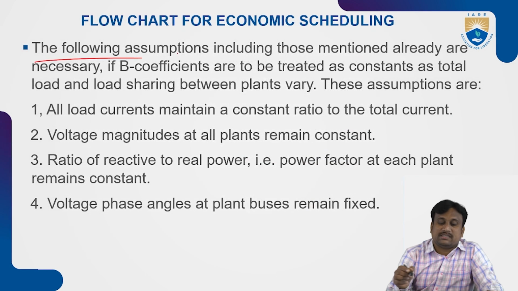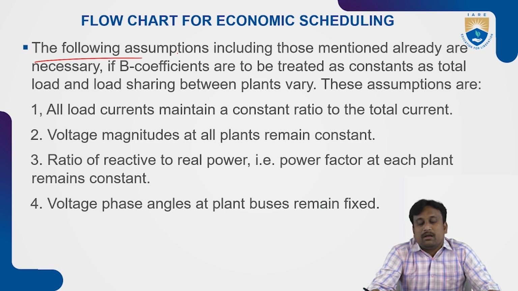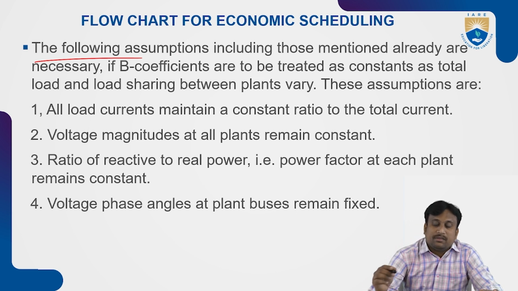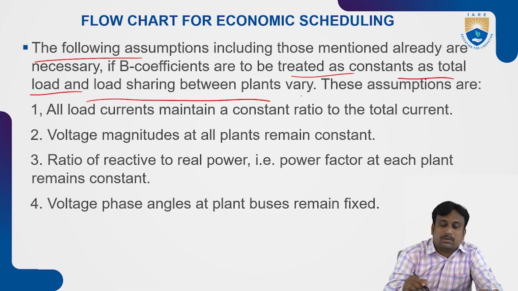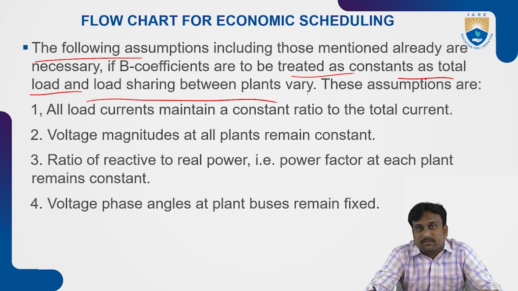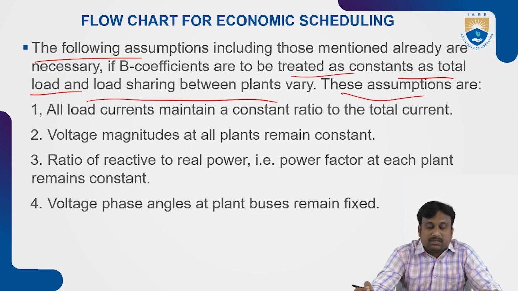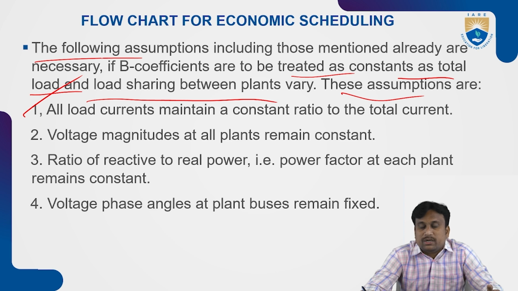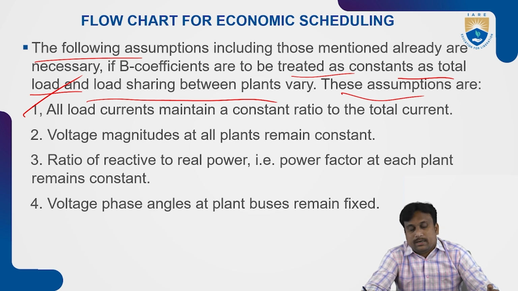Now, the following assumptions are made for necessary maintenance of the B coefficients. They are to be treated as constants as the total load and the load sharing between the plants vary. So, these assumptions are that all load currents maintain a constant ratio to the total current.